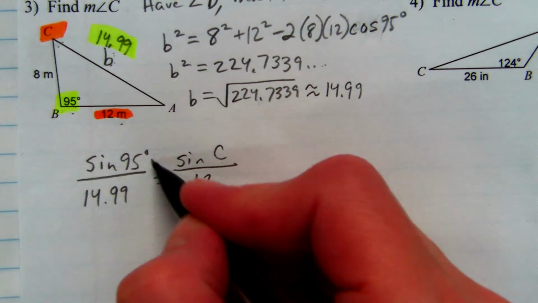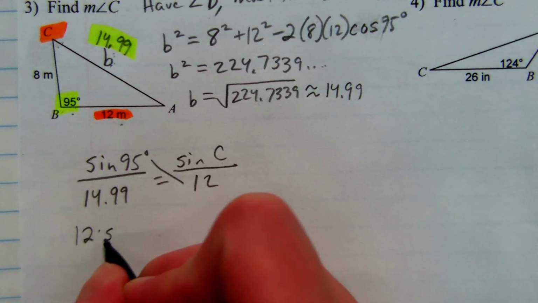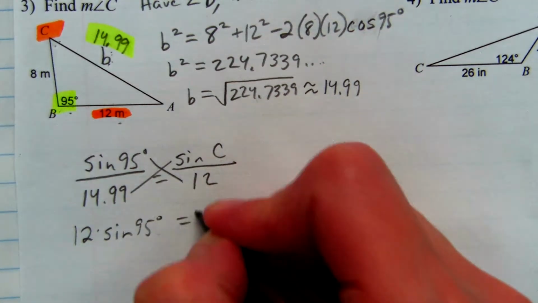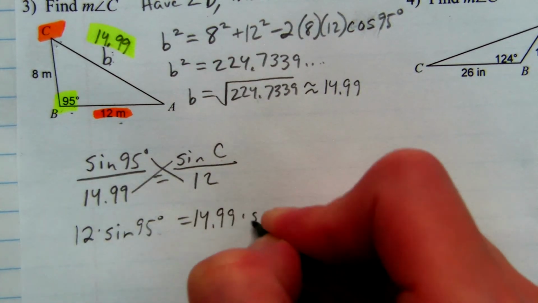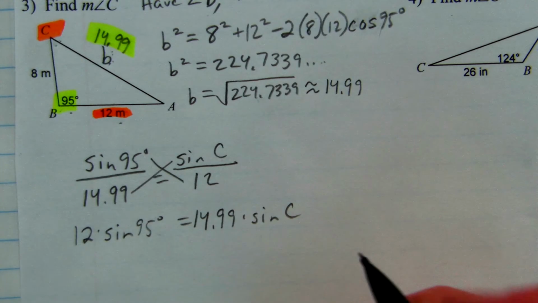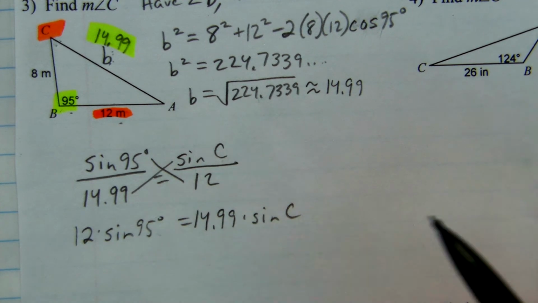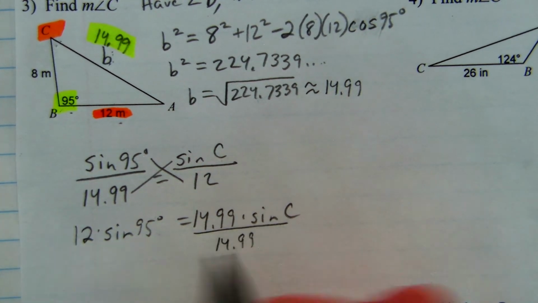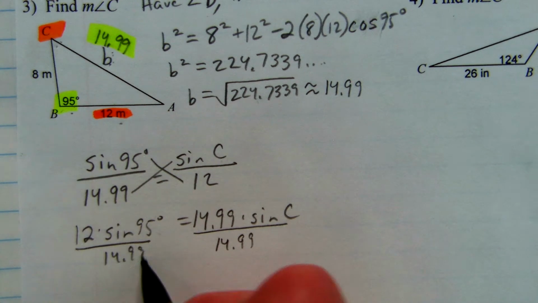So we cross multiply, you get 12 times sine of 95 degrees equals 14.99 times sine of C. And then how do I get sine of C by itself? Divide by 14.99, just making sure you guys are awake. You are.